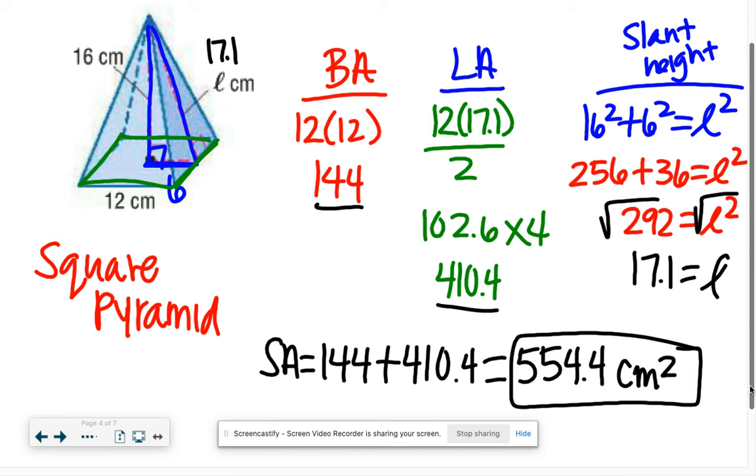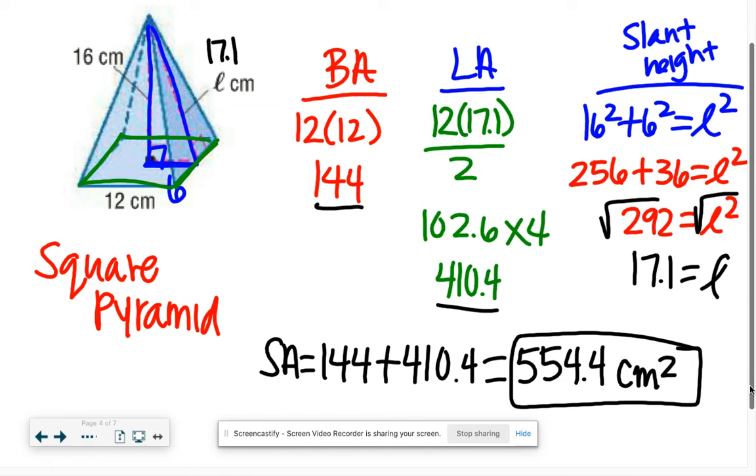So really, you guys can do this. It's kind of a bit of a process, but you know how to find all these individual shapes, the areas of them. It's just a matter of not making a silly mistake and adding them together.